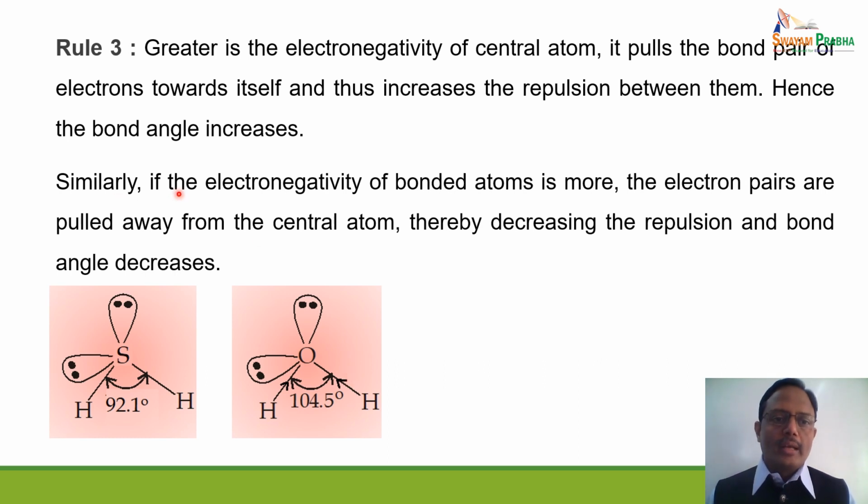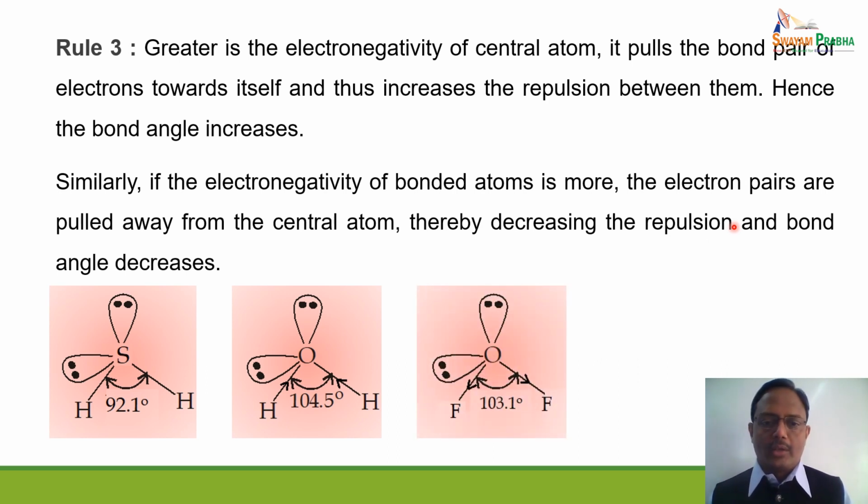Now, similarly, if the electronegativity of the bonded atom is more, the electron pairs are pulled away from the central atom, thereby decreasing the repulsion. Now consider an example of the OF2 molecule or F2O molecule. In this case, we have the central atom as common as that of H2O, but the bonded atom has changed.